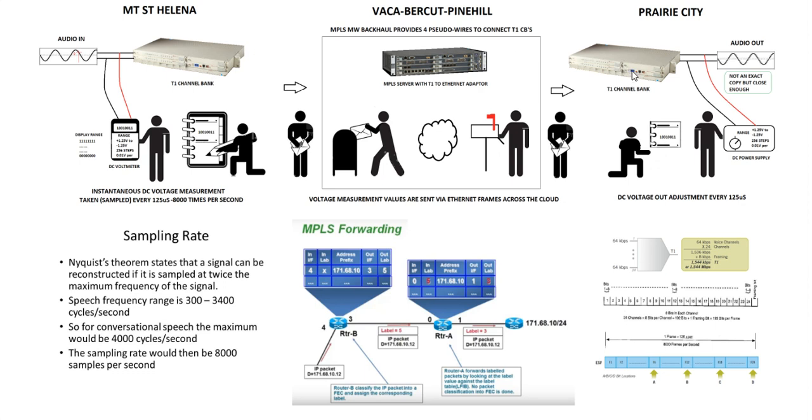That partner then takes the measurement and recreates the signal by using a DC power supply that it can adjust to match the exact voltage measured in the sample. So this guy measures the voltage, writes it down, and tells the other guy, who reads it and then sets the voltage out. They do this 8,000 times a second, measuring and then readjusting.